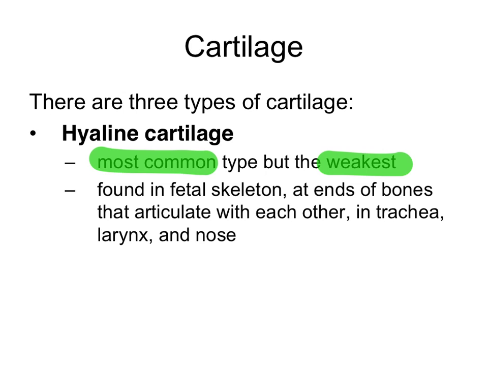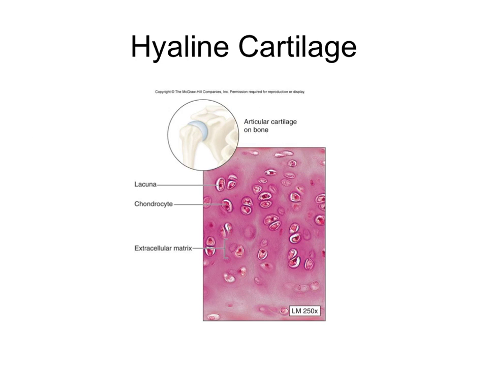And again, we'll talk about that when we study the skeletal system. It's also still at the ends of your bones, so it protects the ends of your bones, like your joints. It's also in your nose, so if you wiggle your nose right now, you're going to feel what hyaline cartilage feels like.